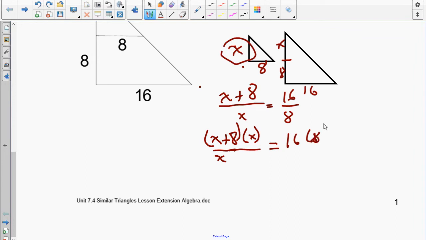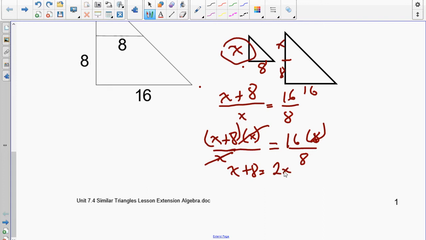So there's my x over 8. Now, 8 plus x plus 8 doesn't really affect anything because this here is going to cancel with that. So I'm left with x plus 8. And that's equal to 16 over 8 times x, and that's 2x. So now we're down to a split equation here, where we get variables on both sides.